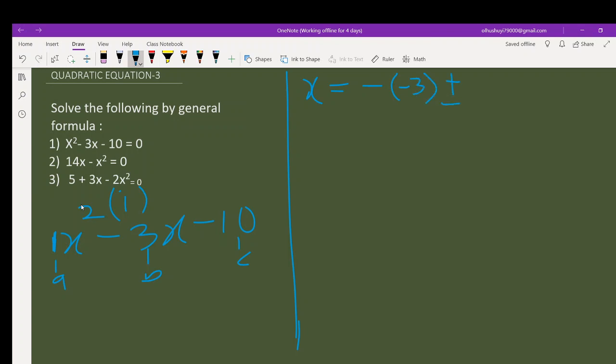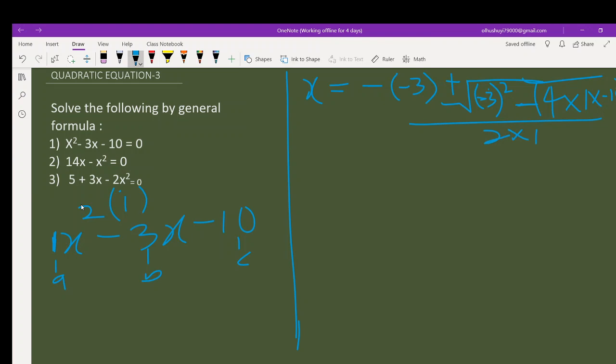Then plus or minus the square root of b squared, that's minus 3 all squared, minus 4ac. 4 times a, which is 1, times c, which is minus 10. Do you see that? Then everything over 2 times 1.